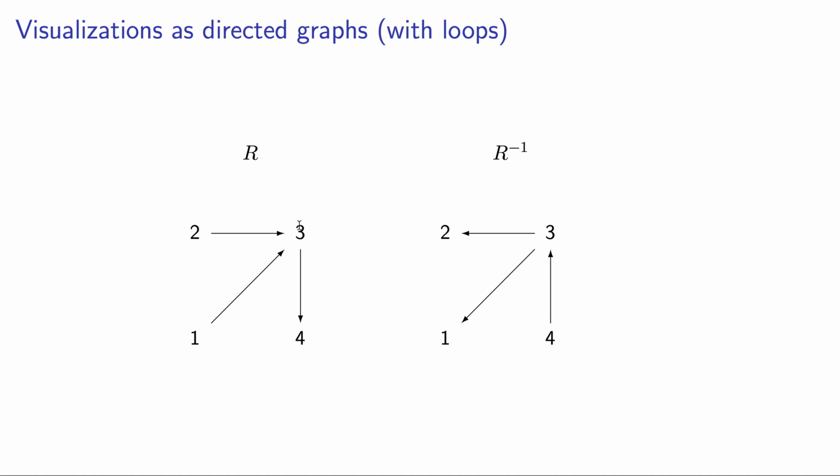Then we have the pair 1, 3 and the pair 3, 4. When we graph the relation R inverse, the graph looks very similar, but the arrows are reversed. So we had an arrow from 2 to 3 for the relation R. Now for R inverse the arrow goes the opposite way, from 3 to 2.